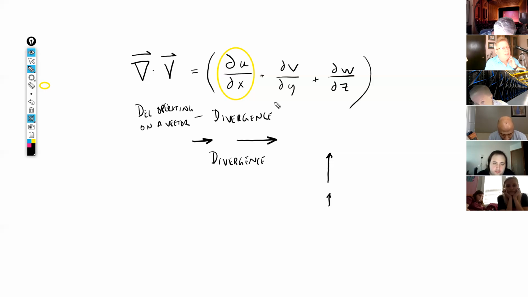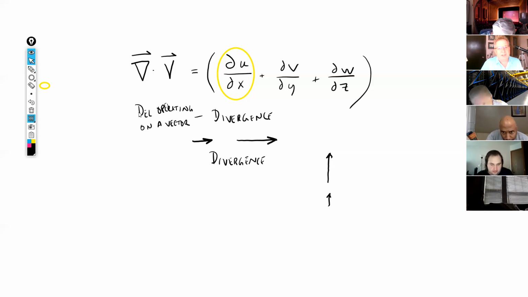Convergence technically is negative divergence.